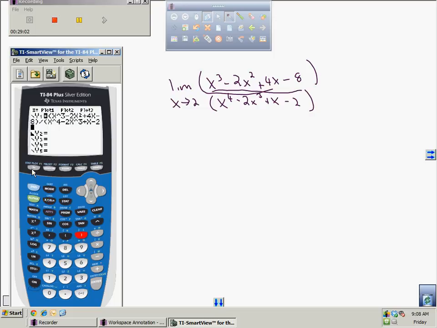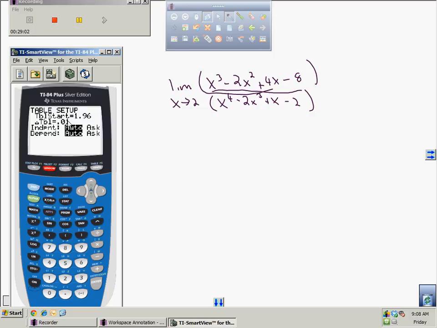And then I'm going to go second table set, and I'm going to plug in numbers very close to 2. And again, I'll go up in increments of 0.01.